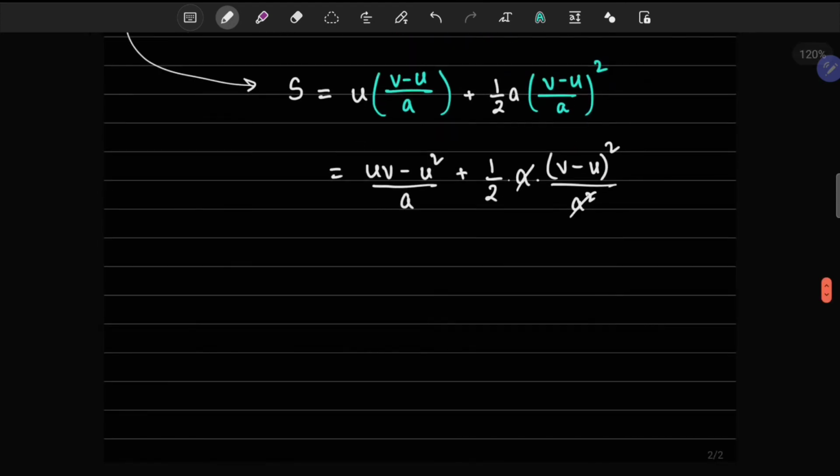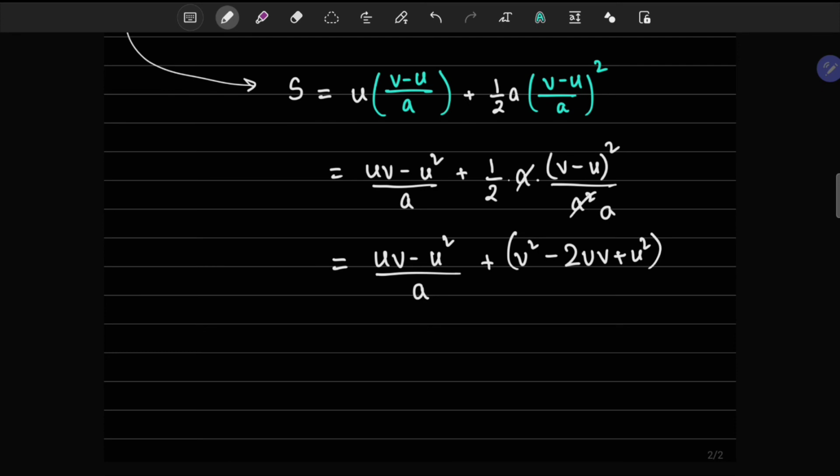We cut these a's off and we get an a over here, which stands as uv minus u squared over a plus v squared minus 2uv plus u squared. We just inputted the formula a minus b whole squared is a squared minus 2ab plus b squared over here. And in the denominator, we have 2 times a.